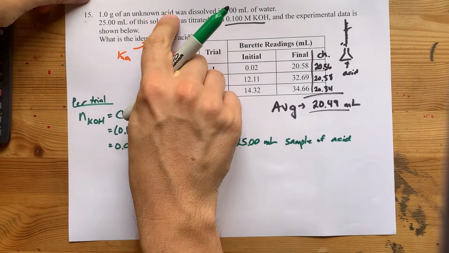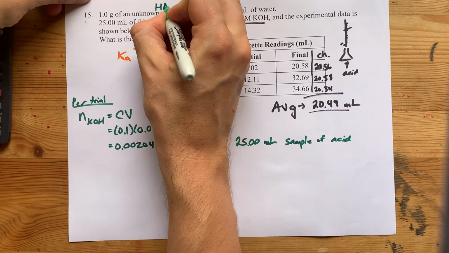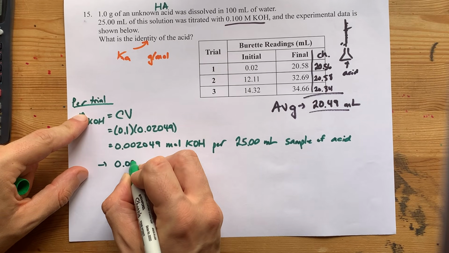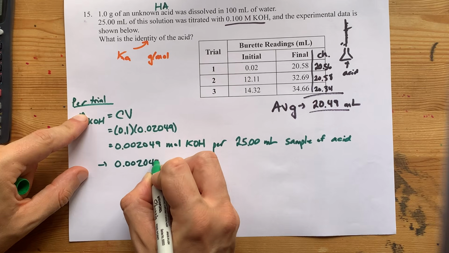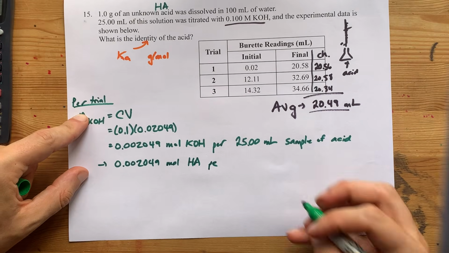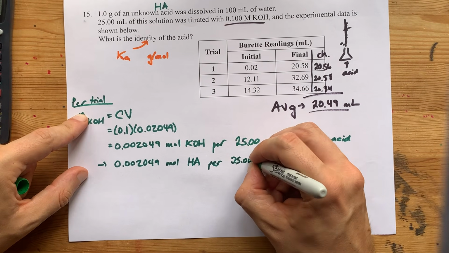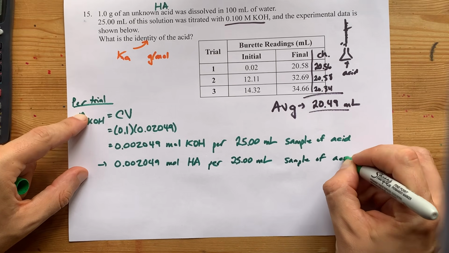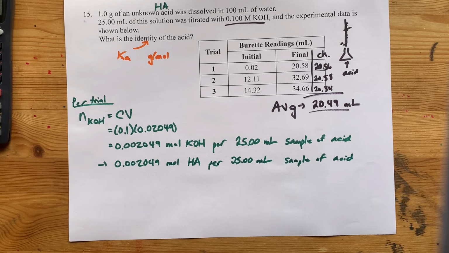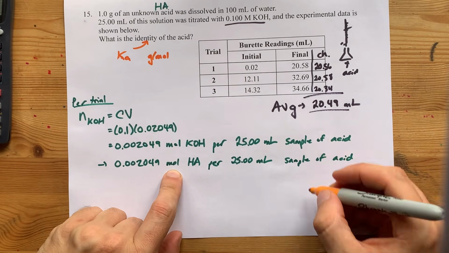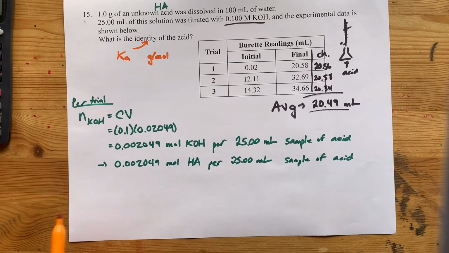Now, if we assume that this acid had only one proton, then what that means is we had 0.002049 moles of acid per 25 milliliters of acid solution. And the real question is, how much HA in moles would there have been for 100 milliliters of acid?